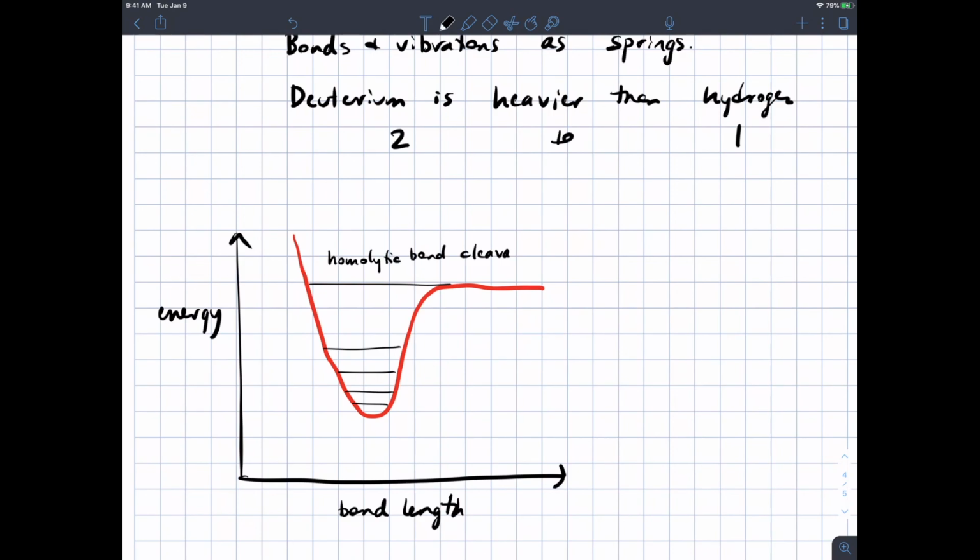By the time you are able to vibrate far enough to get over this barrier, then you can go to infinity, basically, and the energy doesn't change as much. All right? And these energy levels are quantized. We call them quantized vibrational modes. And understand, I'm only showing you the vibrational modes that apply to vibration along this bond length. Okay? There are other vibrational modes in the molecule, but we're just talking about a specific bond.